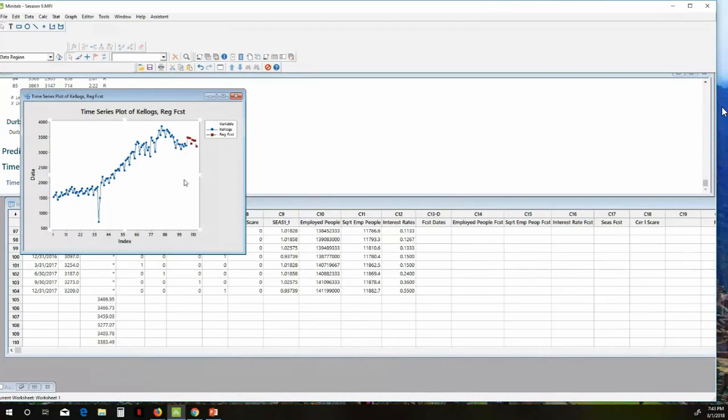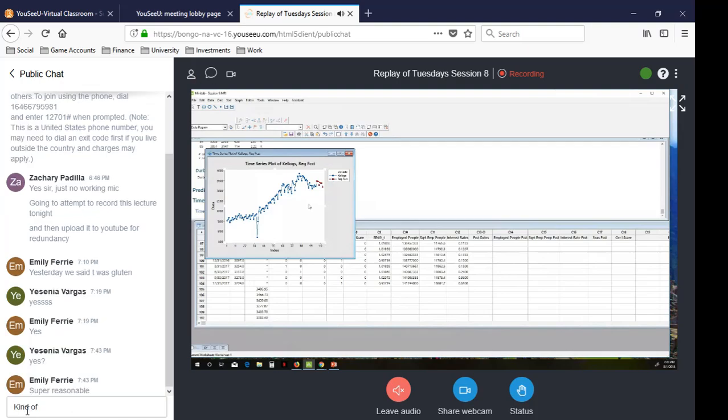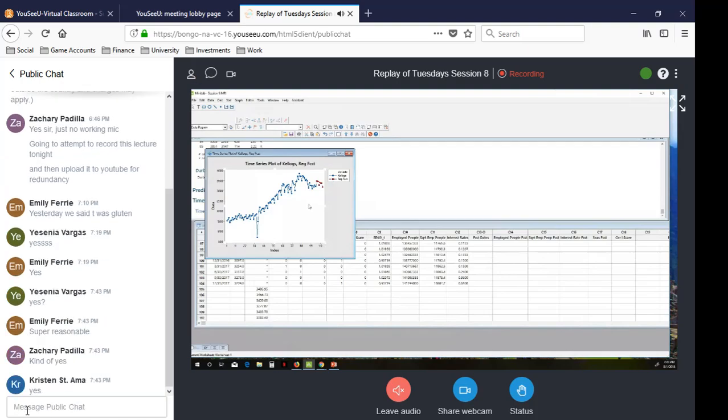What do you think? Does that look reasonable to you? Yesenia, Kristen, Zach? Does this look reasonable? I would say it does. Yeah, it does.